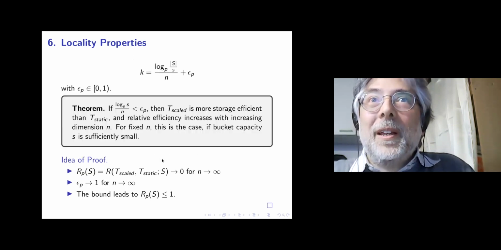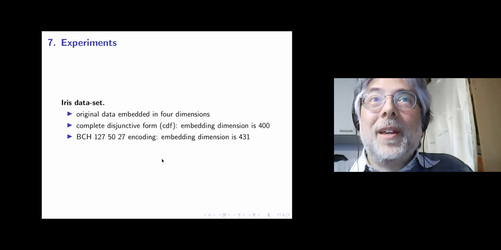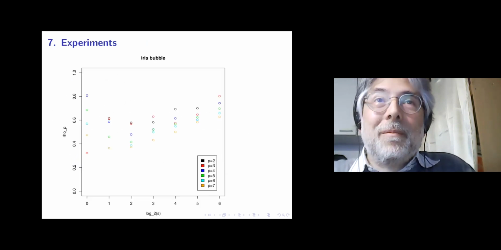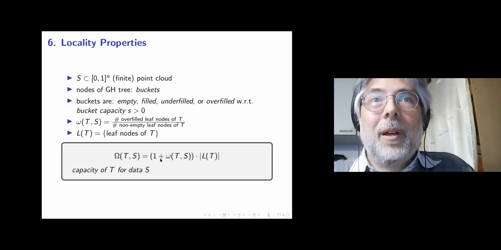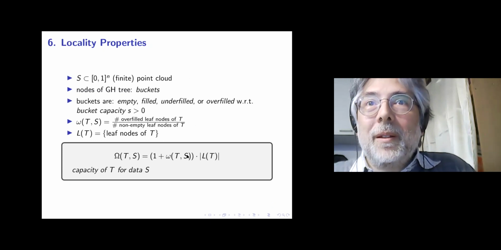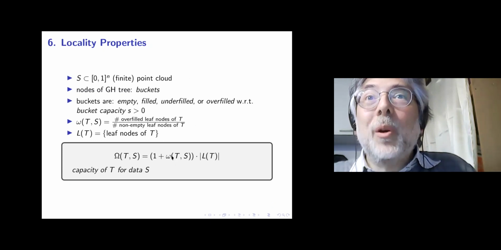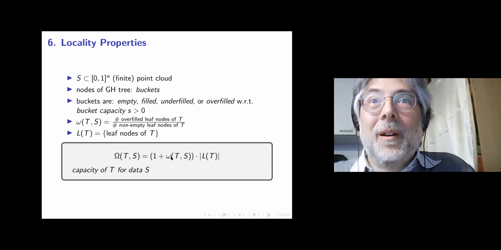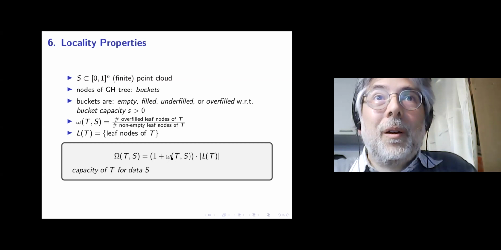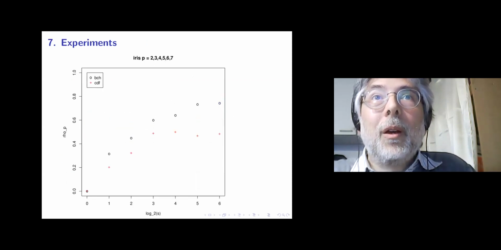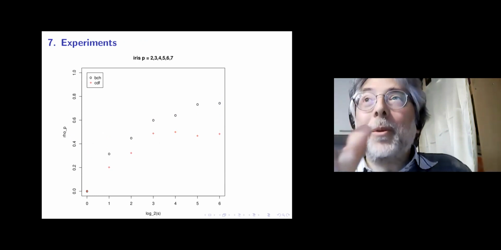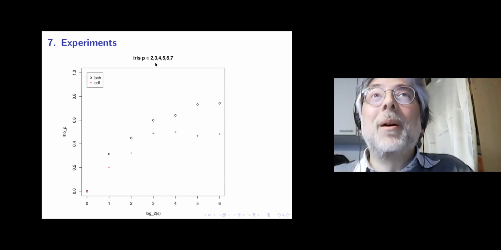The data is so sparse that there are no overfilled leaf nodes, so there is no dependence on the p.